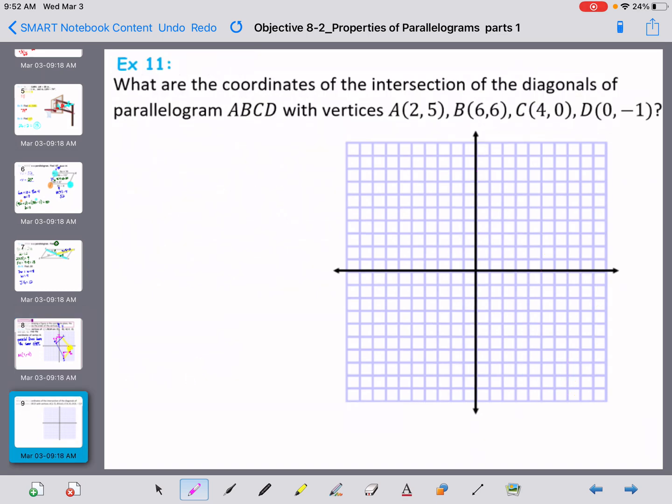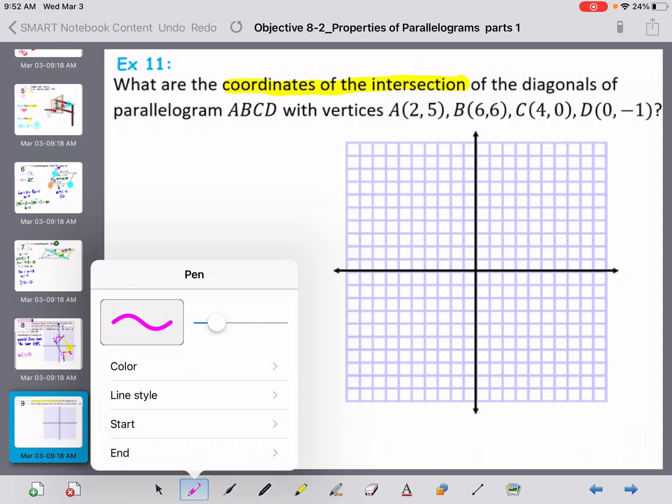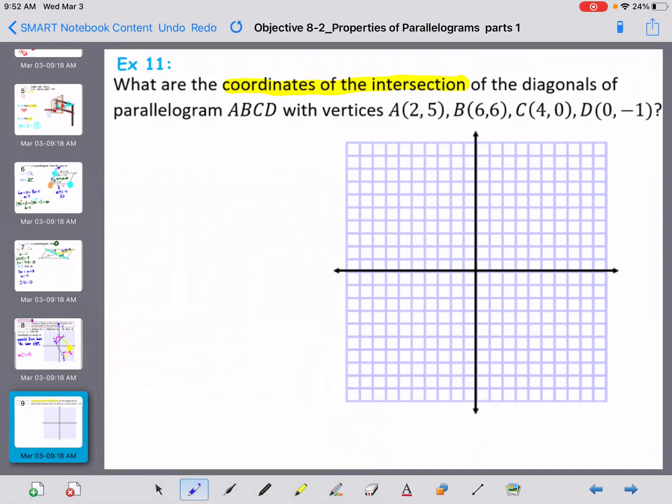All right, so now we're going to talk about the intersection of the diagonals. We want the coordinates of the intersection. So let's graph our problem. Go back to my blue ink. So A is 2, 5. So 1, 2, 1, 2, 3, 4, 5.